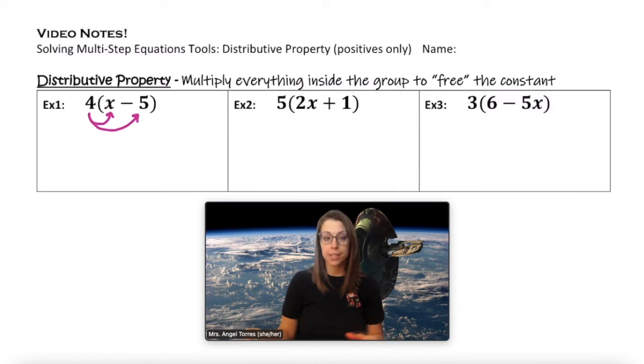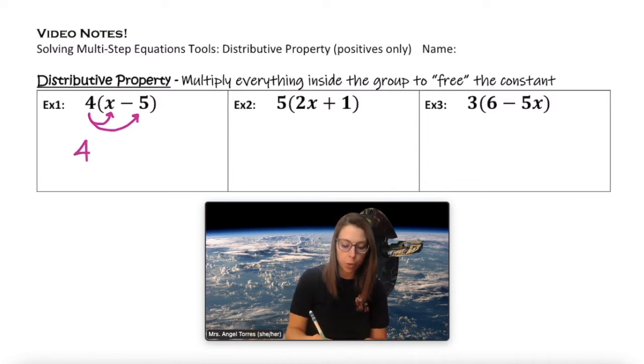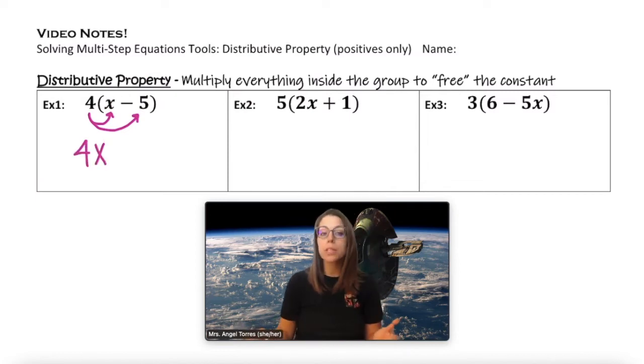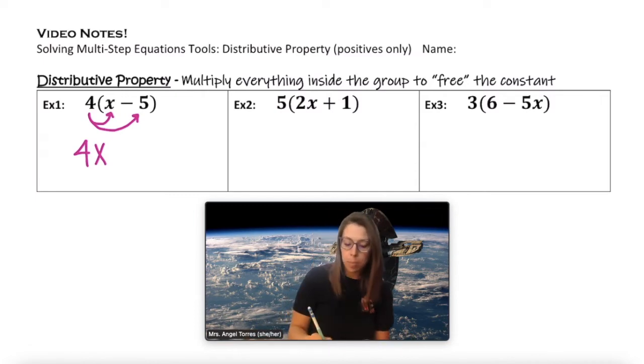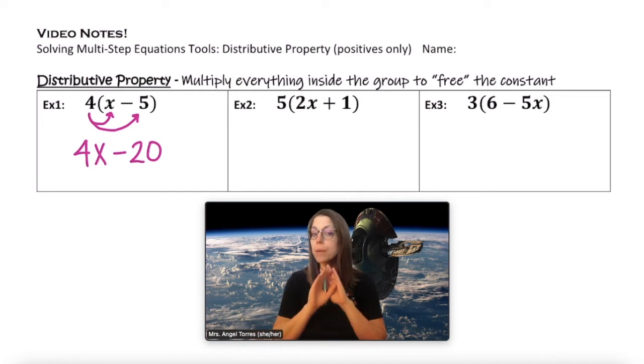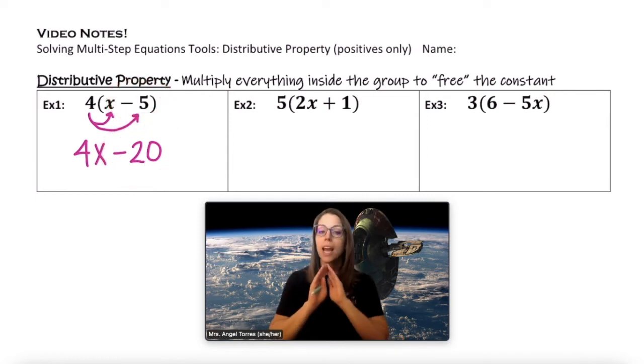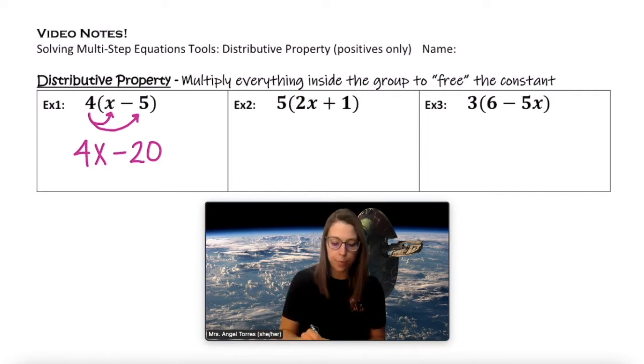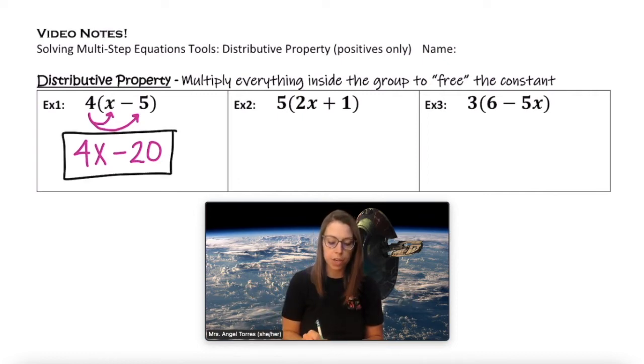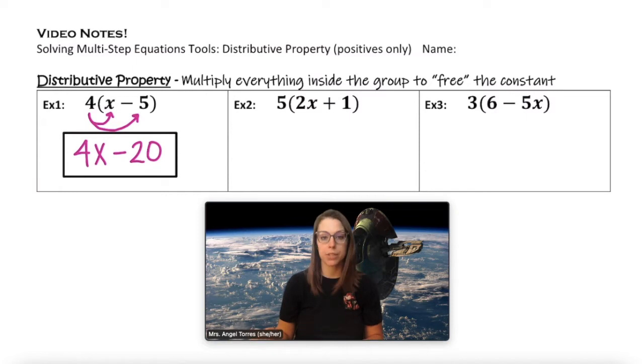So starting with x, 4 times x is just 4x, and 4 times a minus 5 becomes a minus 20. Now from here, you'll notice that the group is gone. My constant has become a minus 20, whereas it used to be a minus 5, but at least I now have 2 terms, and my constant is free. So the simplified version of expression number 1 is 4x minus 20.